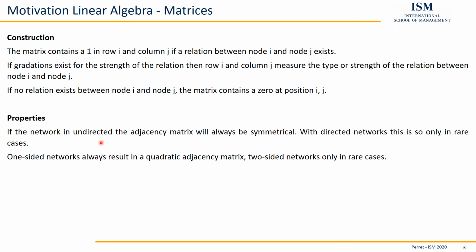So the style or type of matrix directly tells you something about the network you're analyzing. Well, we can also differentiate between one-sided and two-sided networks. This basically means the matrix's columns and rows represent the same set of people, that's one-sided networks, or they represent different sets of people.